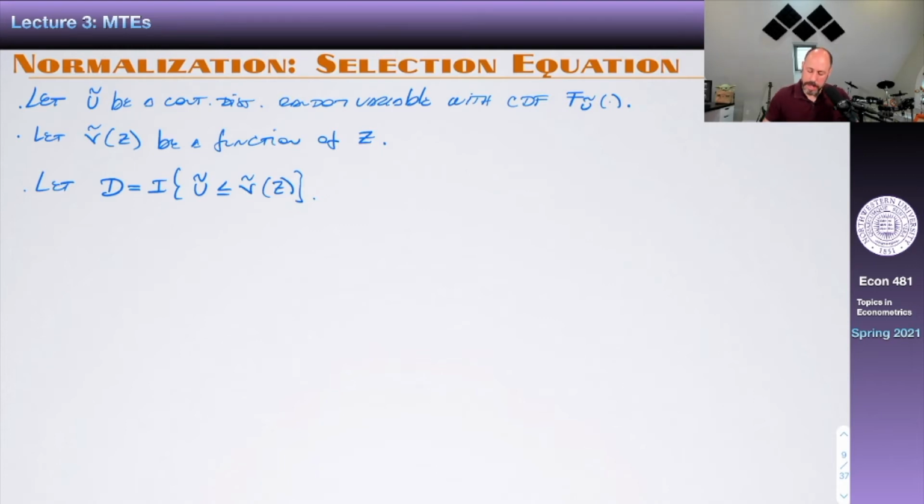And to see that, you can see that this is the same as the indicator where we're going to apply what is called the probability integral transform. We're just going to apply the CDF of u tilde on both sides.